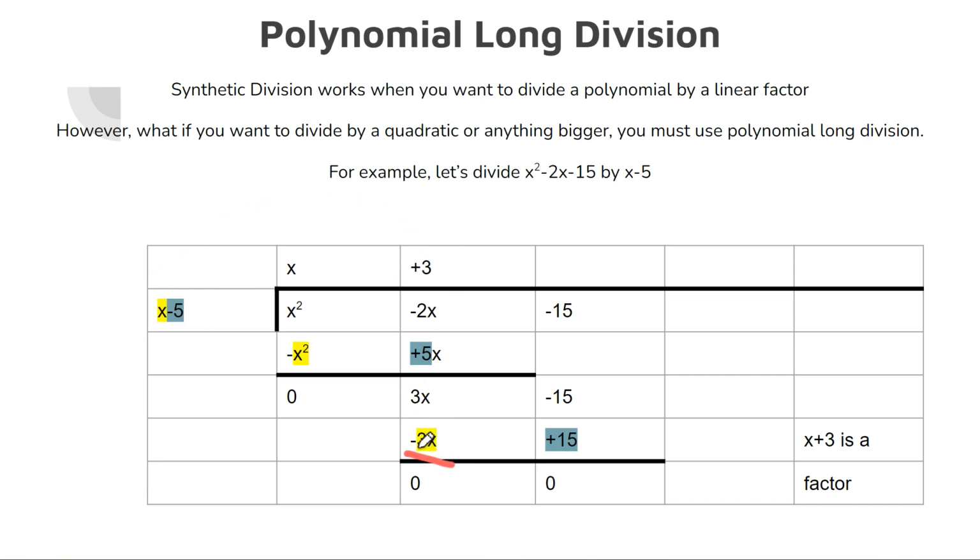But remember we're subtracting, so switch the sign. And then 3 times negative 5 is negative 15. Again, switch the sign, plus 15. We get a remainder of 0, which means it's a factor. Which means x minus 5 is a factor. But also that means x plus 3 is a factor. Which we know just from when you normally factor this, that x minus 5 and x plus 3 are factors.